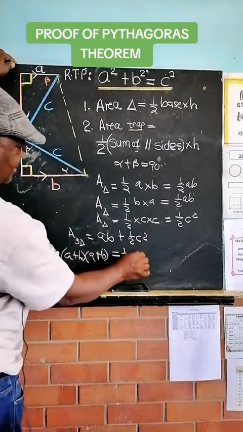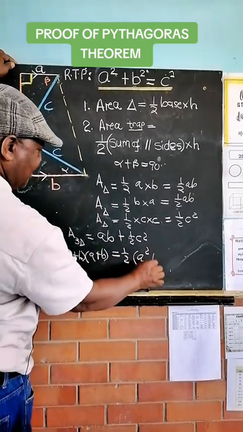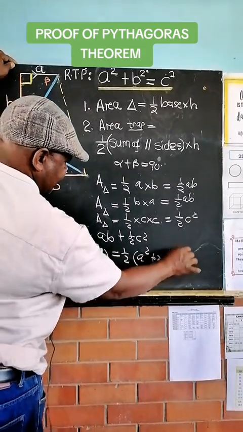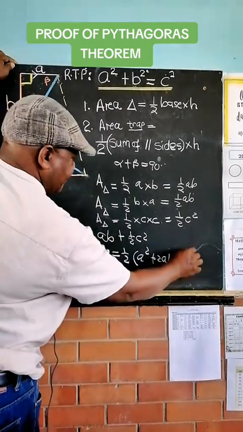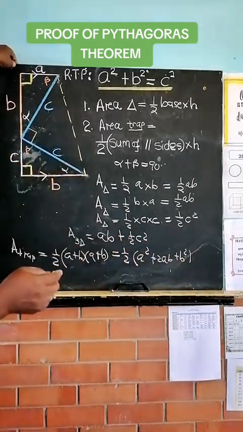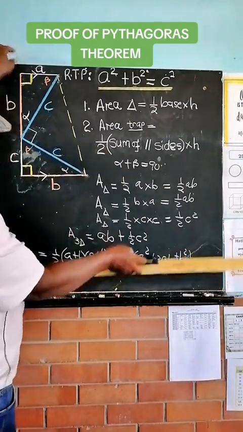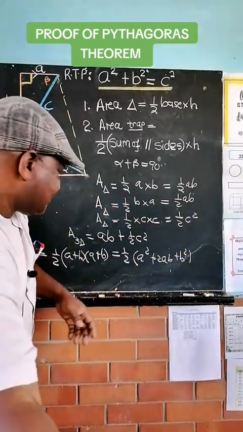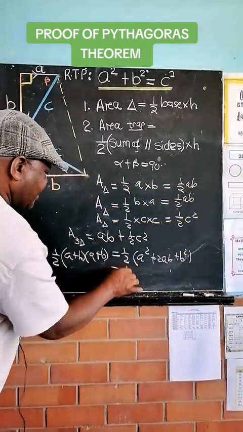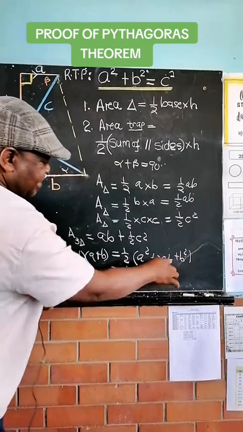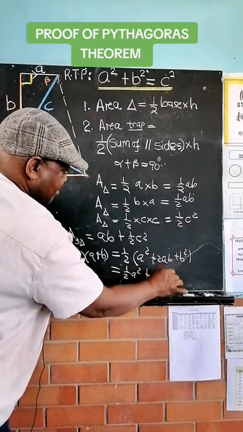Expanding this, I'm going to have A squared plus 2AB plus B squared. Then we are going to remove the brackets. If we remove the brackets, we will get half A squared plus half of 2AB will just be AB plus half of B squared.